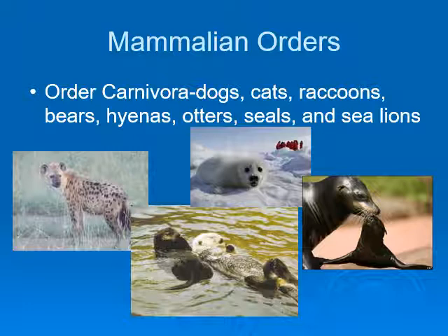Meat is an important part of their diet. They need a certain amount of protein, and they're well adapted for eating meat with their sharp teeth. Raccoons, bears, hyenas, otters, seals, and sea lions are all going to be included in the order Carnivora.